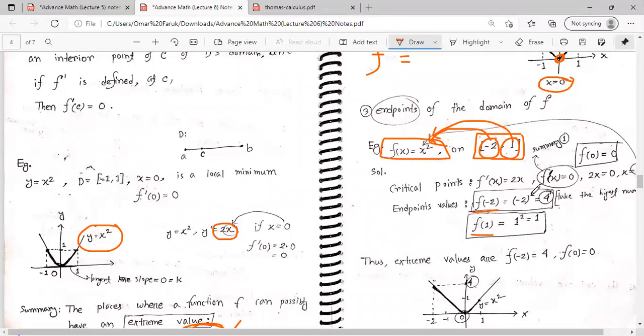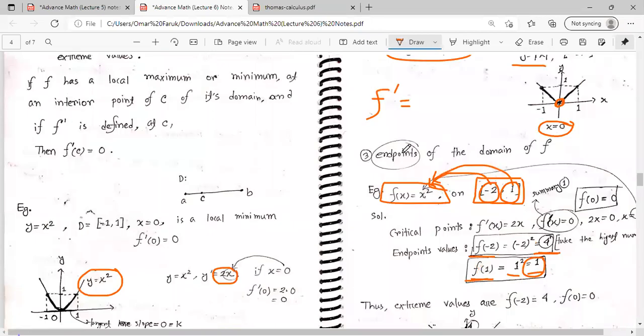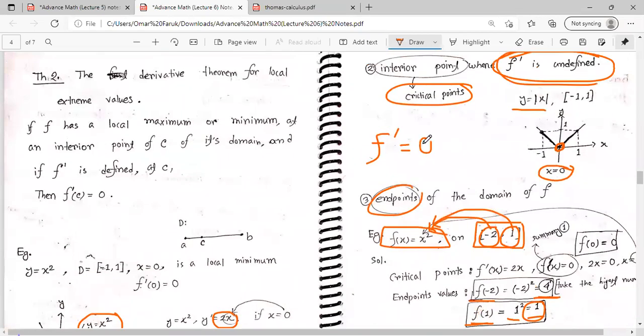So it will make minus 2 squared, that means 4, and 1 squared, that means 1. So f of minus 2 is equal to 4 and f of 1 is equal to 1. These 2 points are our end points. And where f dash is equal to 0 and f dash is undefined, those points are our critical points, okay?